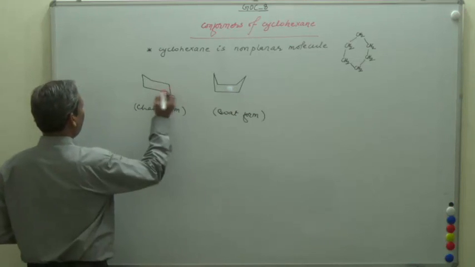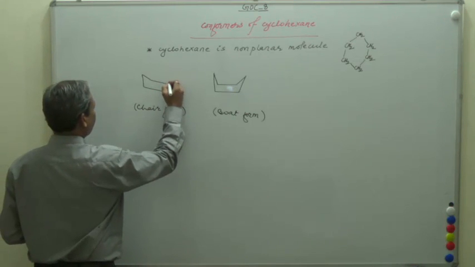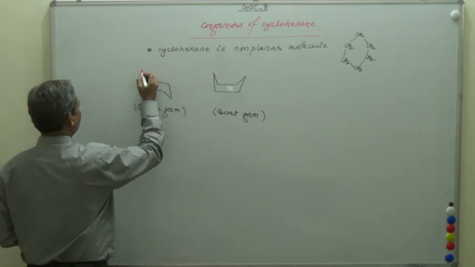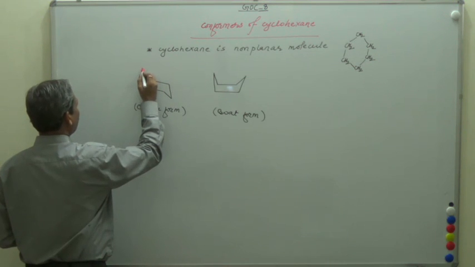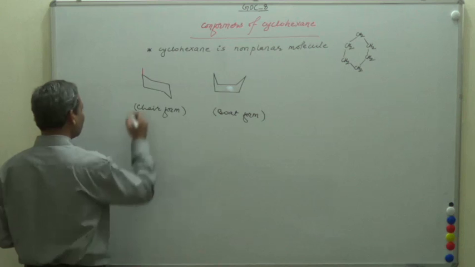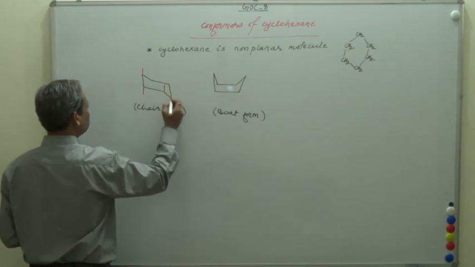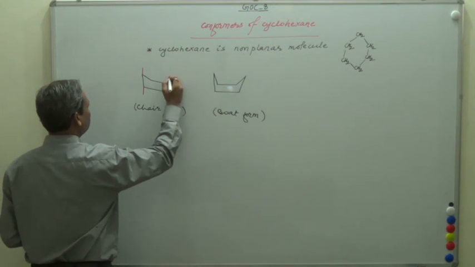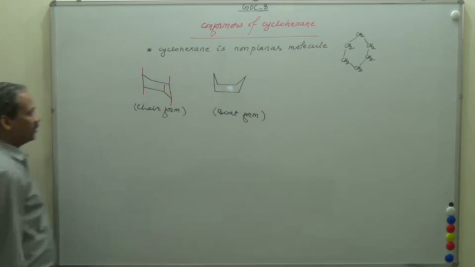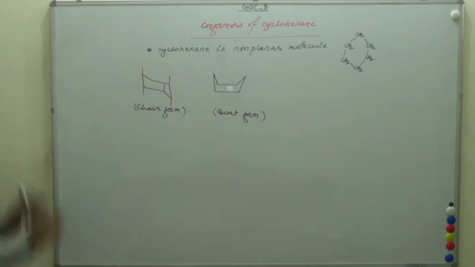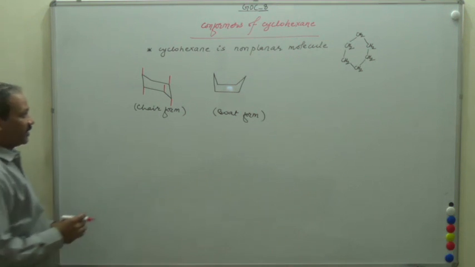So now on every carbon atom, there are two different types of bonds. The first are called axial bonds, which are in the upward direction.